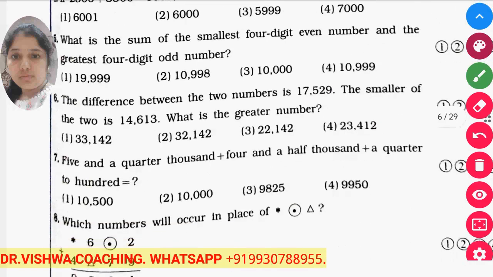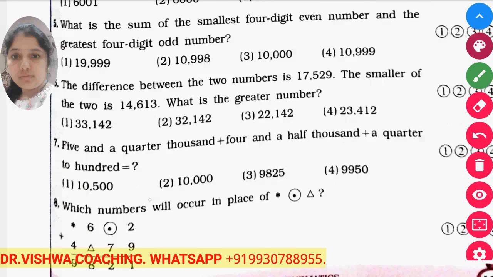Now the difference between two numbers is 17,529. The smaller of the two is 14,613. What is the greatest number? Now see, suppose A and B are the two numbers, and the difference between them is 17,529.